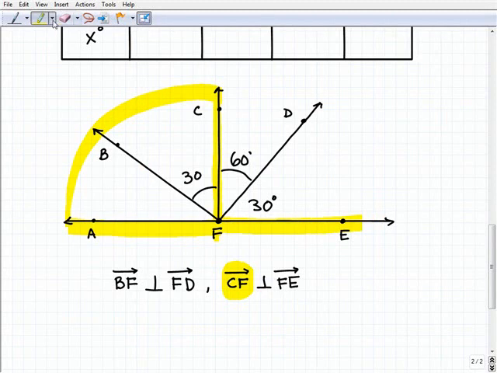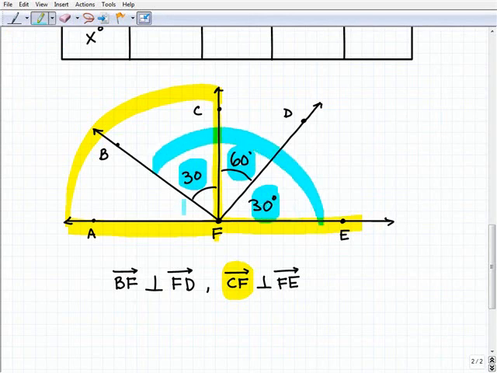Or you can see that you have 30, 60, and 30 right here, so you have this entire angle, and it's pretty easy to find the supplement of that. Either strategy will work. So let's use the first one. I know that AFC is also 90 degrees. They're perpendicular to one another. And if this is 30, this has to be 60 degrees right here.